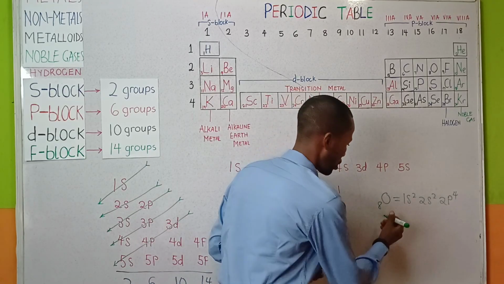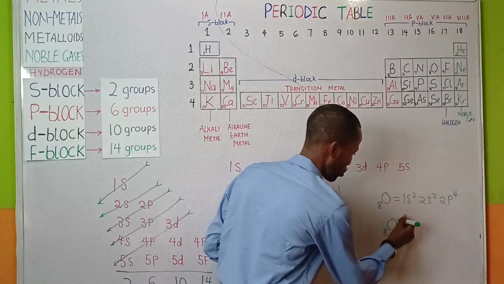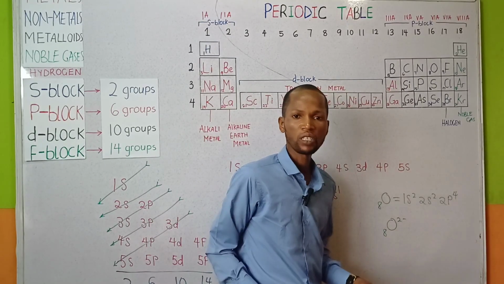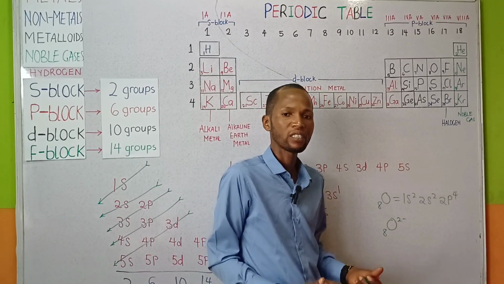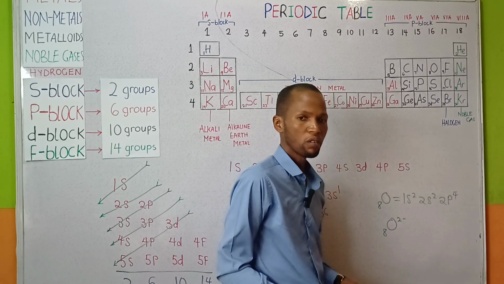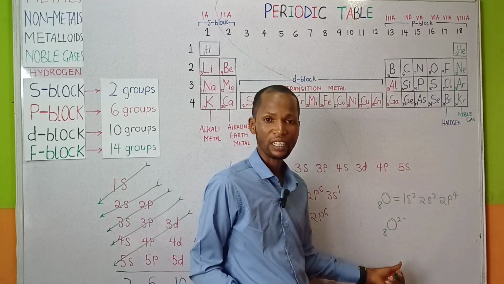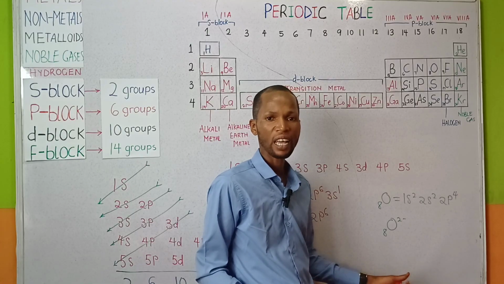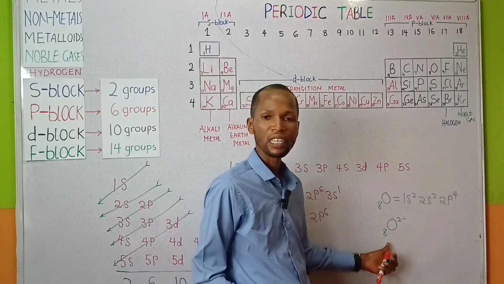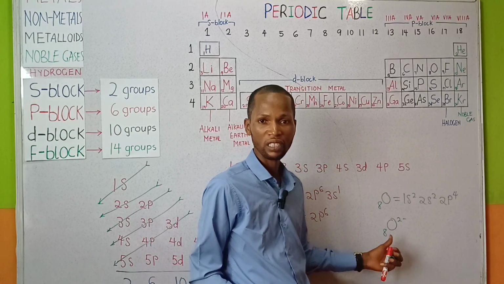When we have O2 minus, which implies that oxygen has gained 2 electrons to itself, that implies that 2 plus 8, that is 10. We now have 10 electrons as against the atomic number, which is 8.